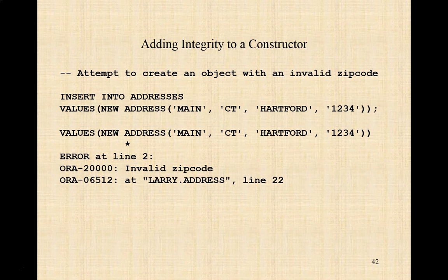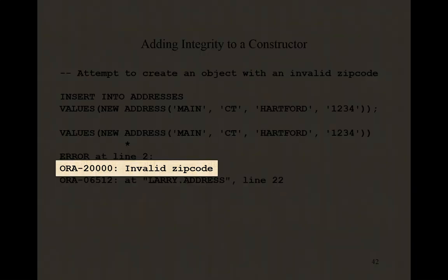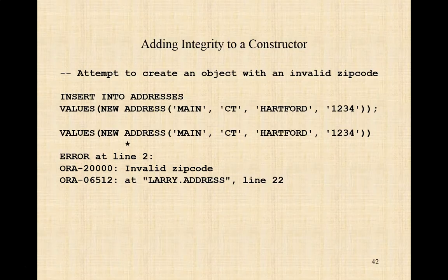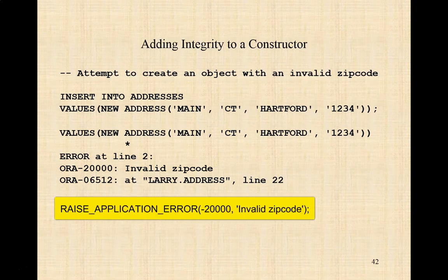The application attempting to perform this insert receives an error that says invalid zip code, and it gives us the error message, ORA-20000. It turns out that this error message and this error number were the arguments that we passed to raise application error.